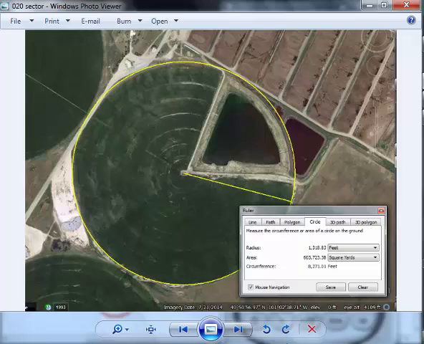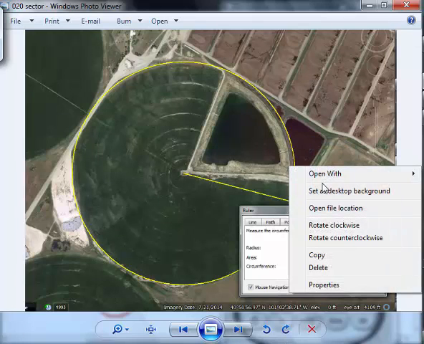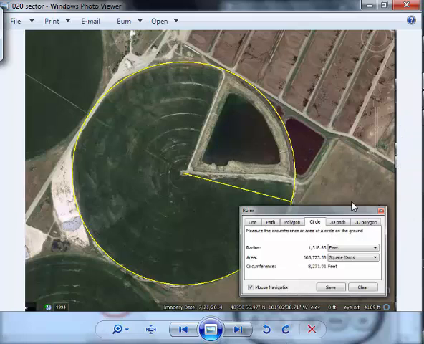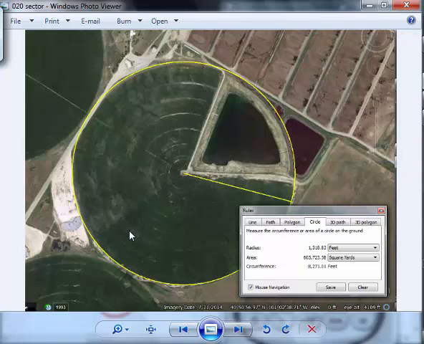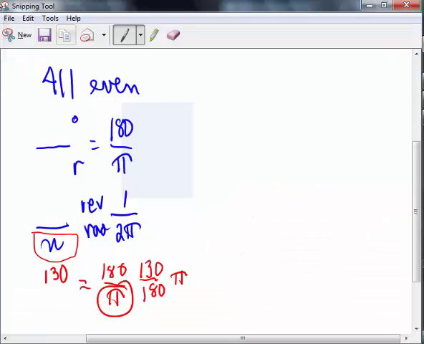So I'm going to say the sector is the part that is not farmed up in the northwest quadrant. And if I look here, that comes out to be about 68 degrees of the area of that whole circle.